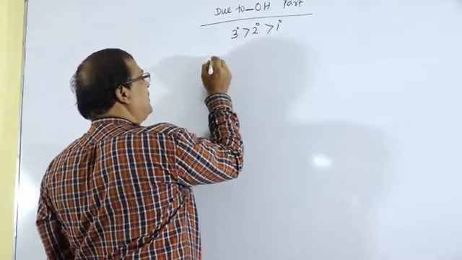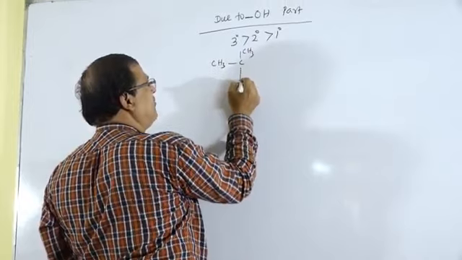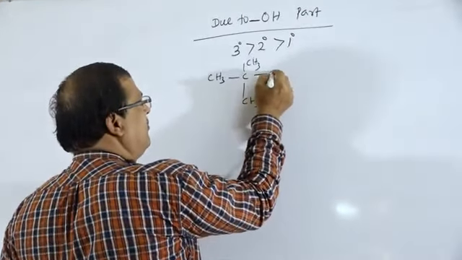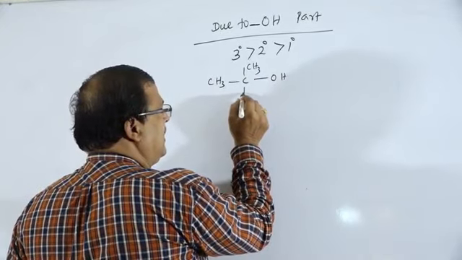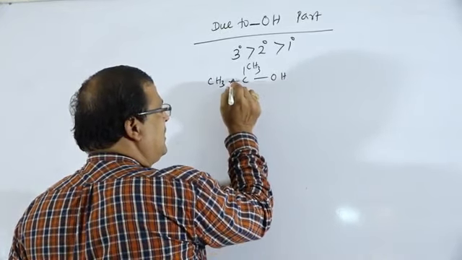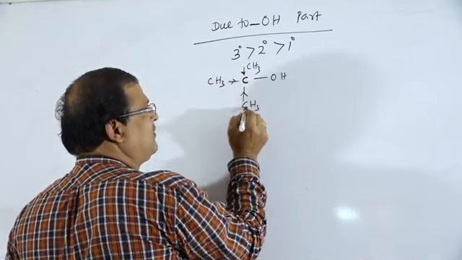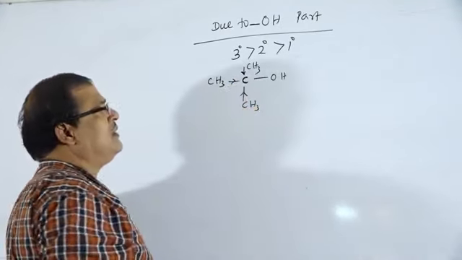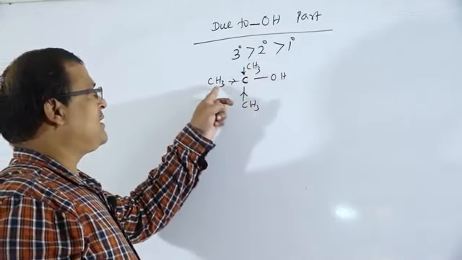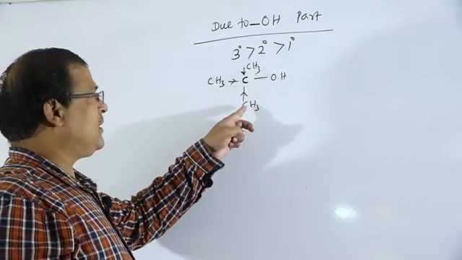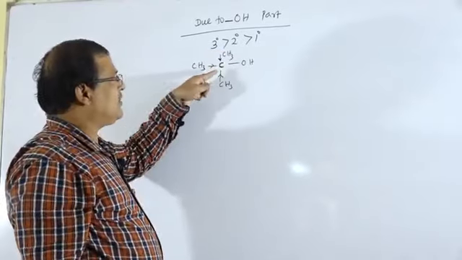Why? Because in the case of tertiary alcohol, the accumulation of negative charge over the carbon atom becomes greater because of the presence of three +I groups, which push electrons toward the carbon atom.